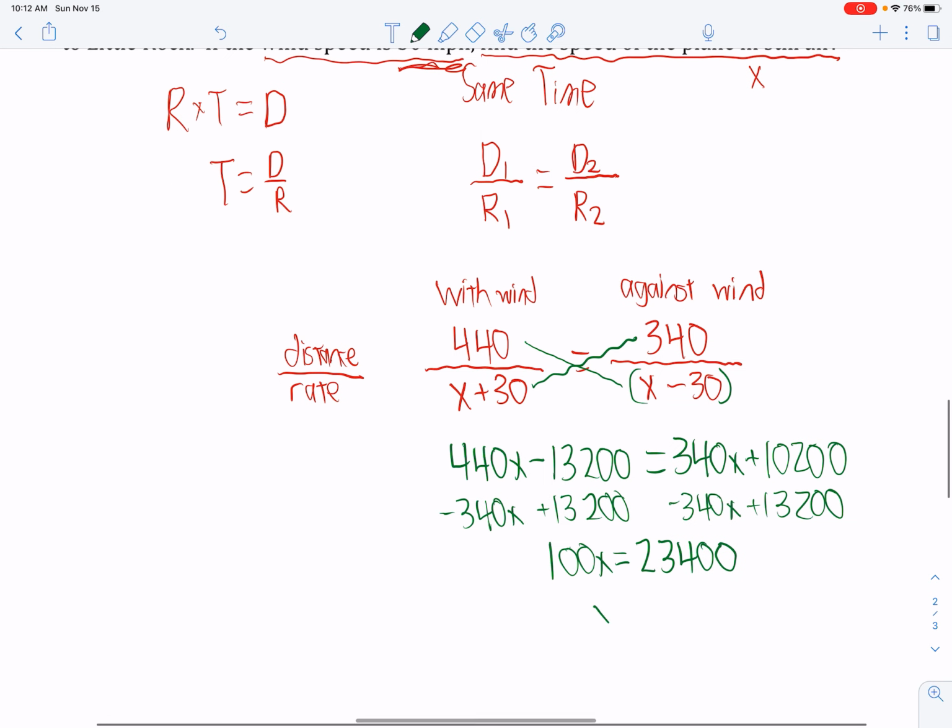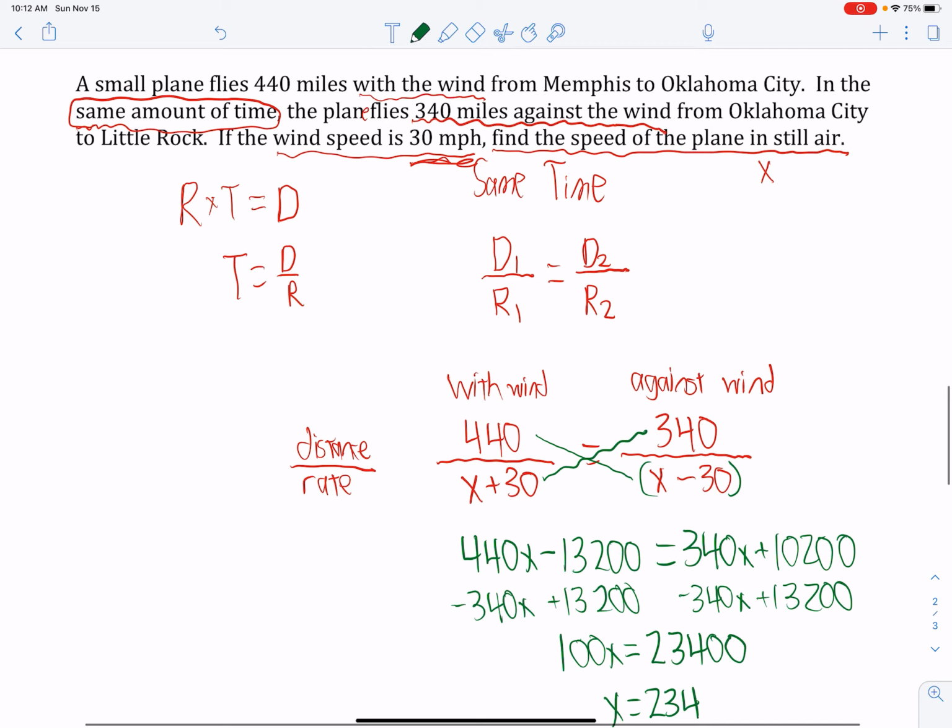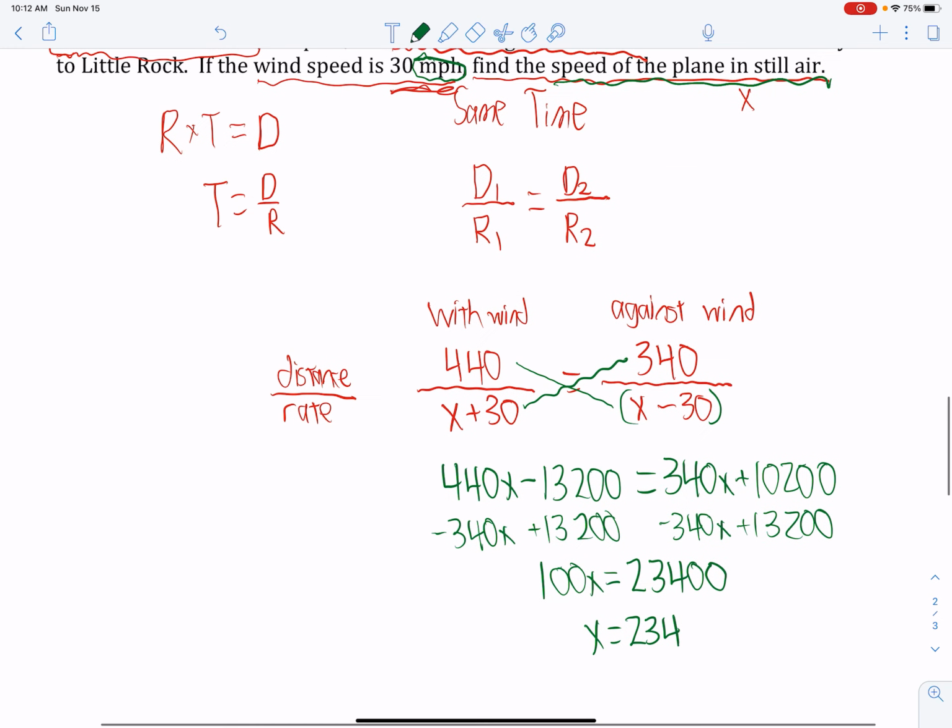Divide both sides by 100 and we get x equals 234. Now, thinking about units, what we just found was x, which is the speed of the plane in still air. For this problem, our speed units are miles per hour. So we'd finish this by making it 234 miles per hour, like so.